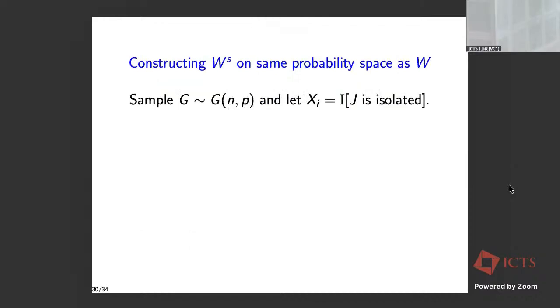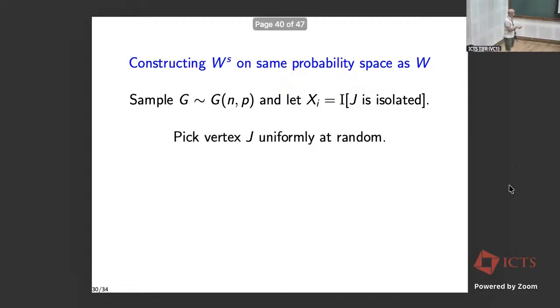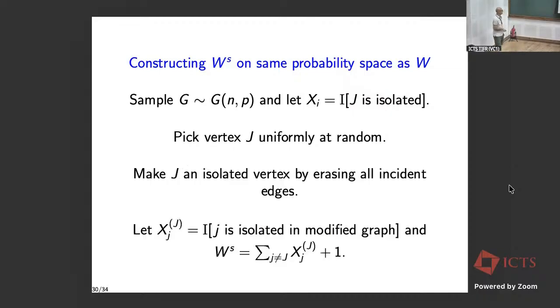So here's the construction of the size bias and its coupling to W, okay? So we start with the graph and Xi, again, sorry, this should be little i. That's the indicator that it's isolated. So now we pick j uniformly at random because all these Xi have the same mean, so proportional to the pi's means just uniformly at random. So pick one of the vertices uniformly at random. Make that j an isolated vertex by erasing all incident edges.